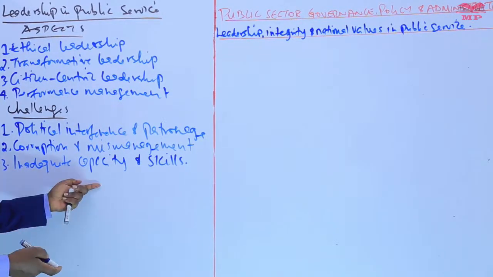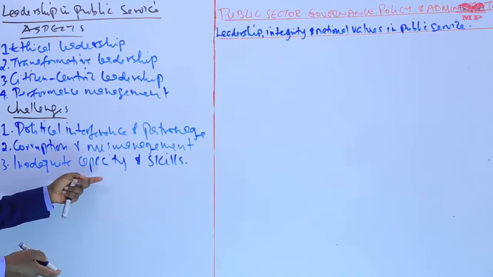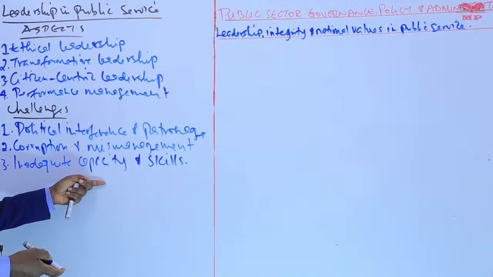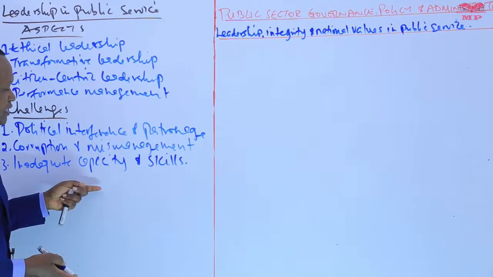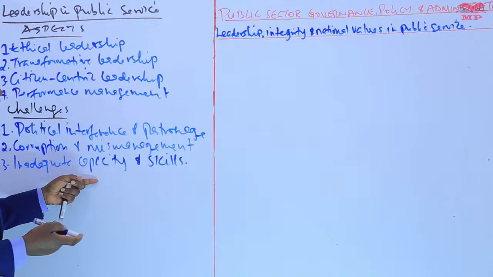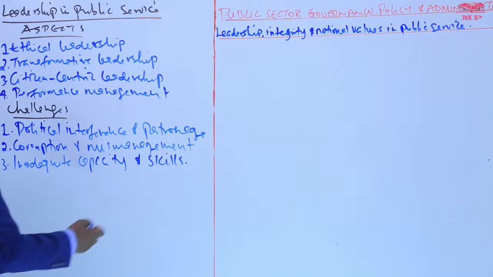So you have people working in the public service without skills, without the capacity, and this inadequacy is exacerbated by lack of training and lack of development programs in the public sector. So these are challenges: inadequate capacity and skills.